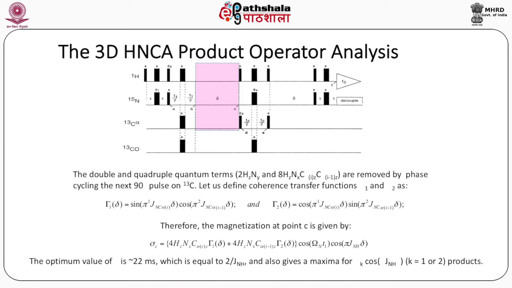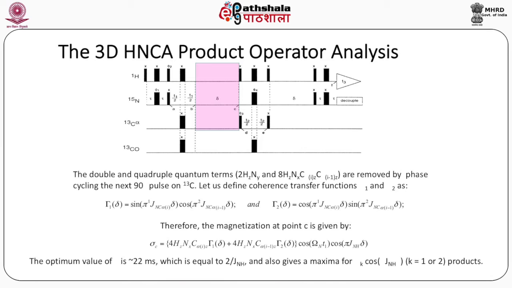Therefore, the magnetization at point C is given by sigma C equal to 4 Hz Nx C alpha Iz tau 1 delta plus 4 Hz Nx C alpha I minus 1 z tau 2 delta, both of which terms are multiplied with cos omega n T1 cos pi J NH delta.